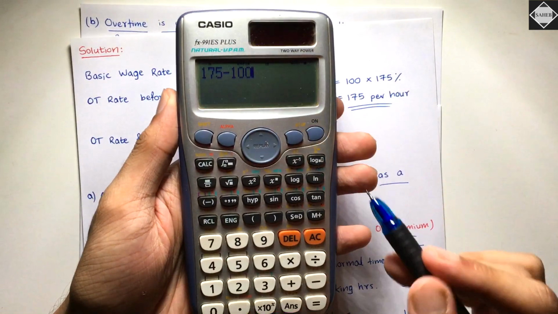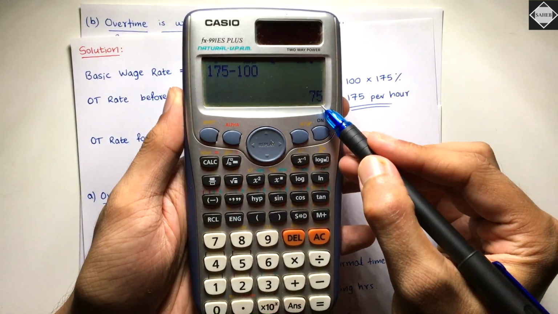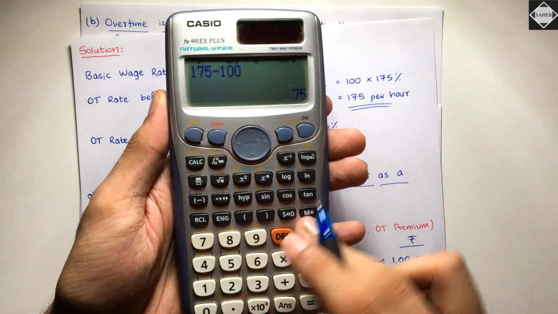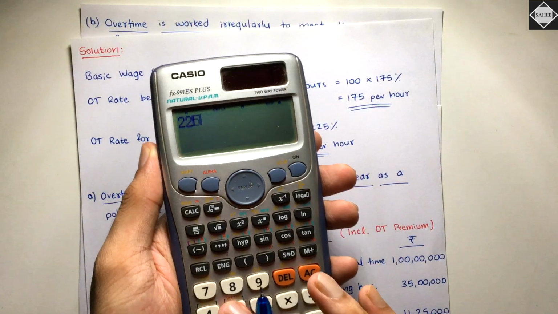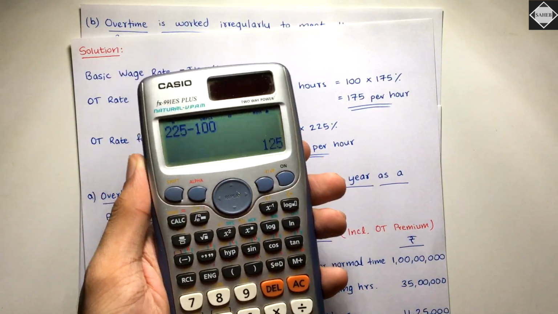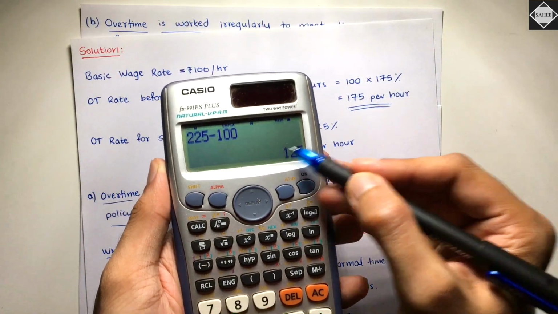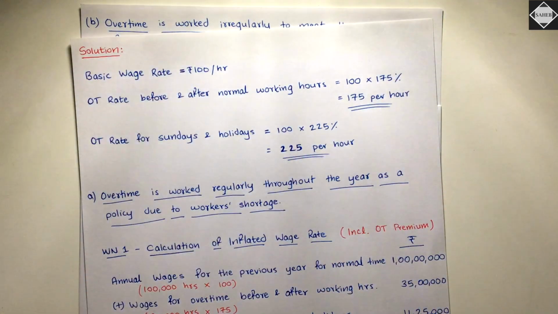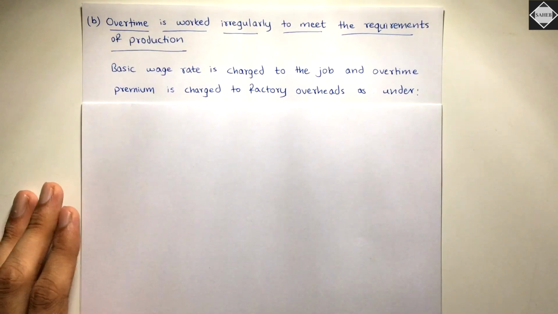If you remove the normal element, then this is the premium, 75 rupees. Only 75 rupees should go to factory overhead, and here 225 is there, right? So 225 minus 100 equals 125. Only this should go to factory overhead. The remaining 100 is what? The normal element in the overtime, isn't it? Normal wages for the overtime work will go to the job only.